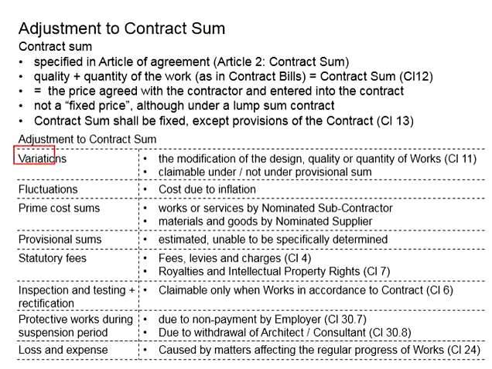You know that variations are actually modifications of the design, quality and quantity of the work which were not initially in the contract bills. Since the relevant work is required by the employer, and that work was not initially counted in the contract, an adjustment may be made to the contract sum.